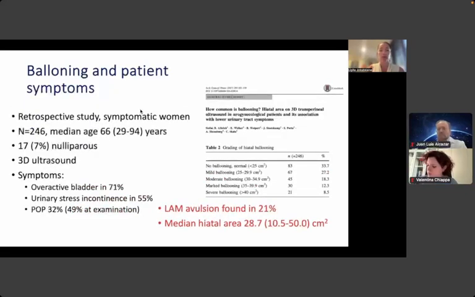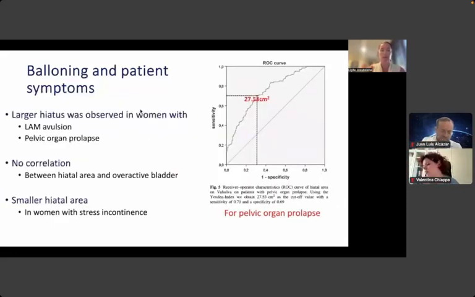And also in this retrospective study, levator ani avulsion was found in 1 in 5 women, and hiatal area was also measured, and it was found associated with overactive bladder, urinary stress incontinence, and also pelvic organ prolapse found in about 1 in 3 patients. And again, a large hiatus is important because it is observed in women with levator ani muscle avulsion and pelvic organ prolapse.